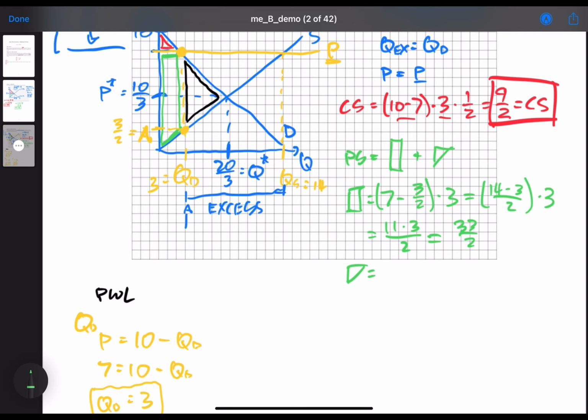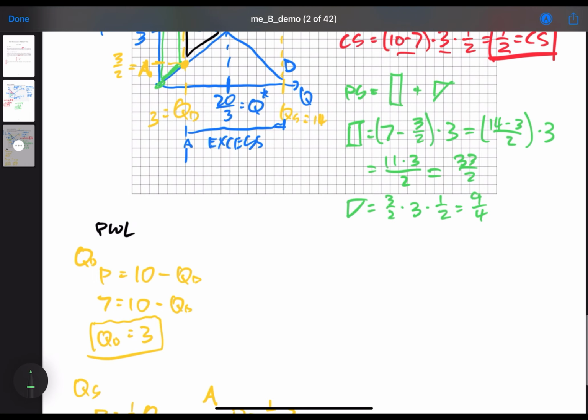And this triangle is height, which is, we're coming from 0 here, so this is 3 over 2, times base, which is 3, and then divide this by 2. So this is just 9 over 4. Okay, so then we use both of these terms.